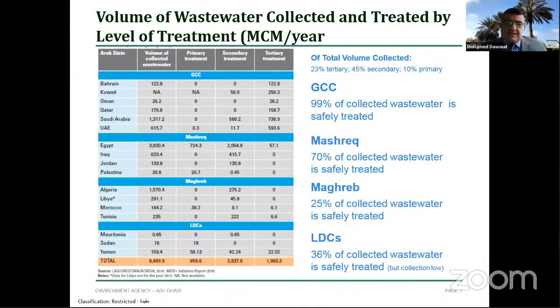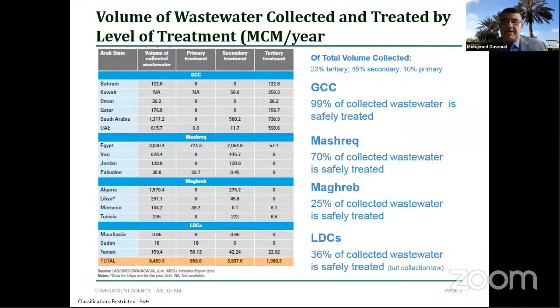If this treated wastewater is treated carefully and the quality is managed carefully, then this water resource can be used in different uses: agriculture irrigation, aquifer recharge, district cooling, or irrigation of landscaping, amenity plantation, and forested areas, and many other purposes.